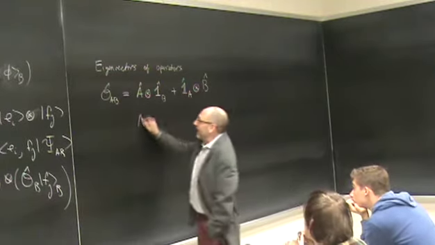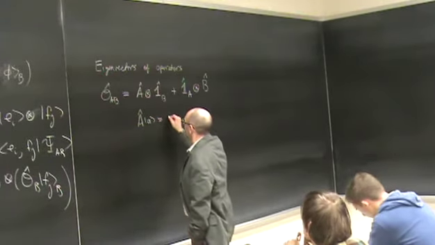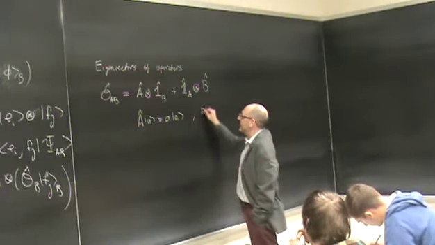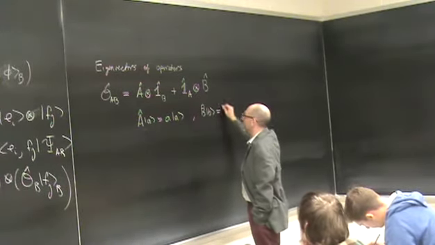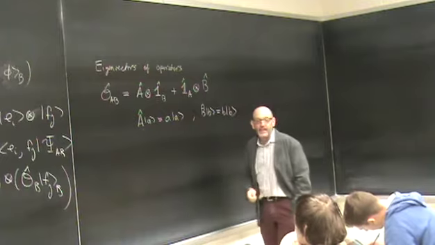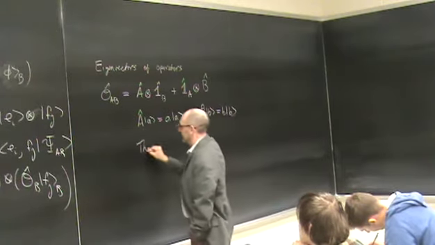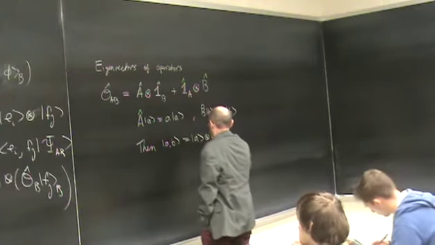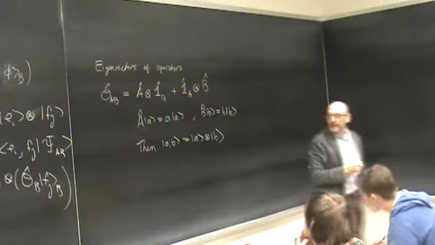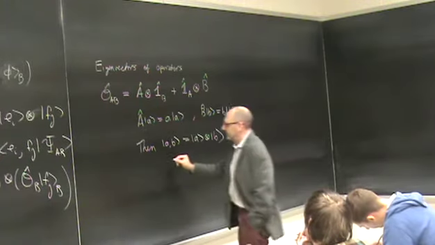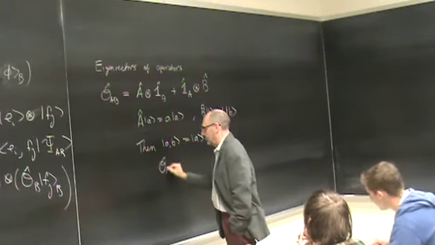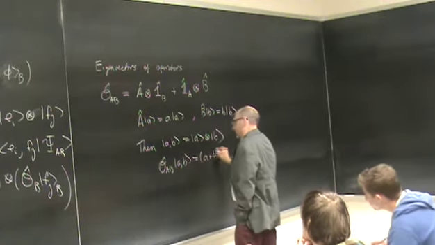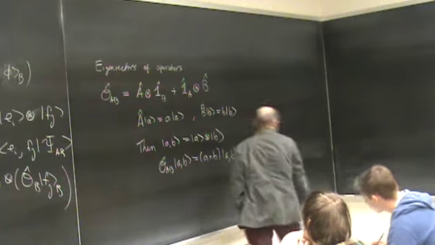So if, let's suppose A has eigenvectors ket little a, and B has eigenvectors ket little b, then ab, which is a tensor b, is an eigenvector with eigenvalue a plus b.